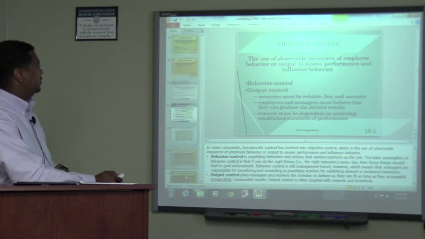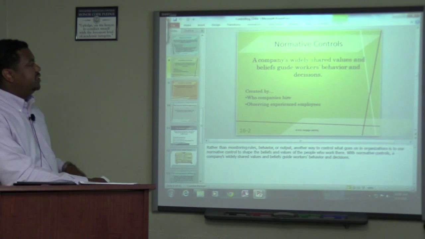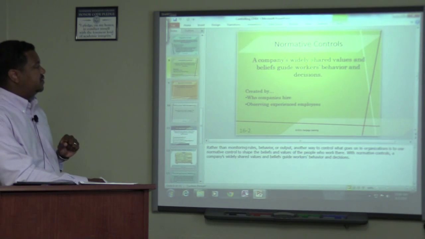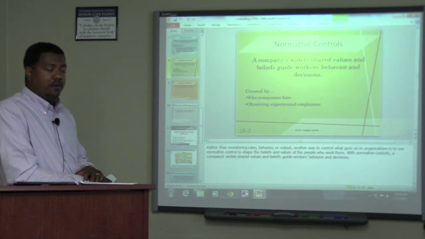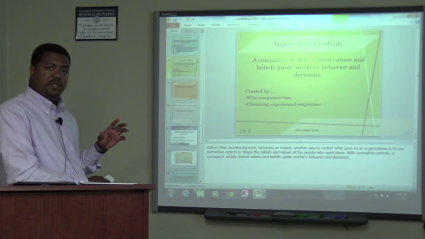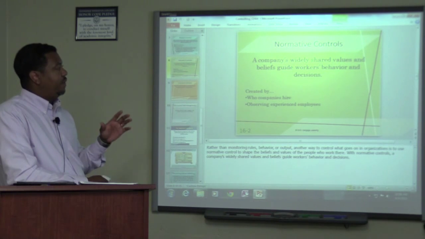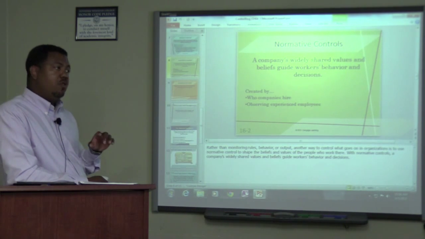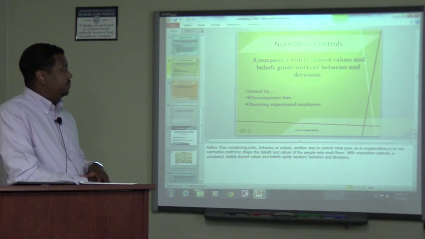Let's transition. So, what are some ways that we can think about these normative controls? This is a good way to think about how an organization builds their overall organizational culture within their business, making sure that individuals understand the overall mission statement, their purpose statement, and their overall ability to reflect their core values in how we act, how we perform, how we serve the customers in the marketplace.